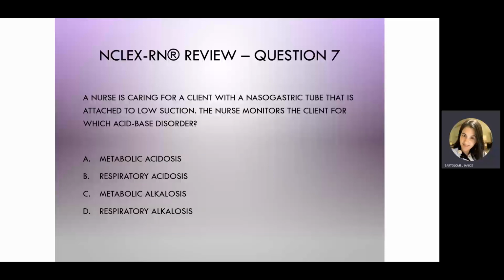And then last, a nurse is caring for a client with an NG tube that is attached to low suction. The nurse monitors the client for which acid-base disorder? What do we have in our stomach? Let's recall the lecture. We have gastric juices, gastric fluid.